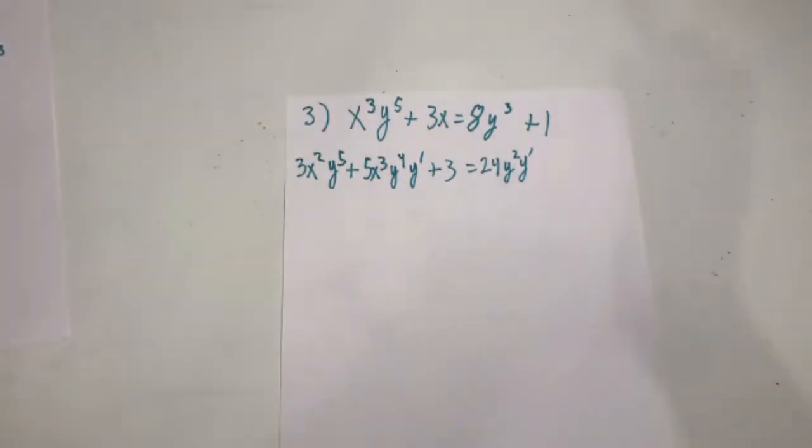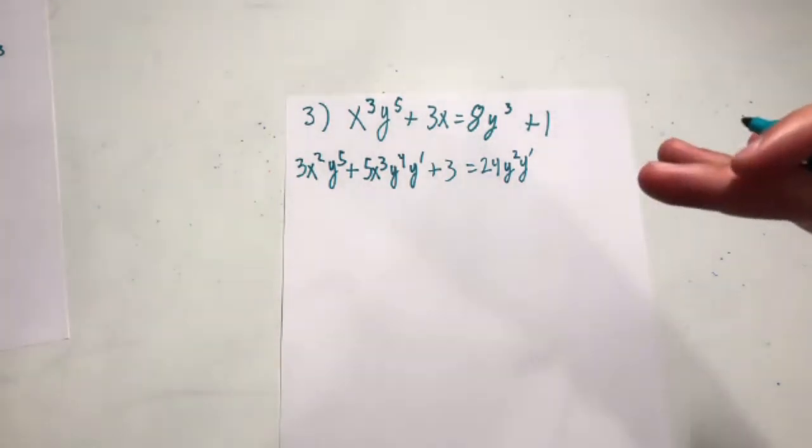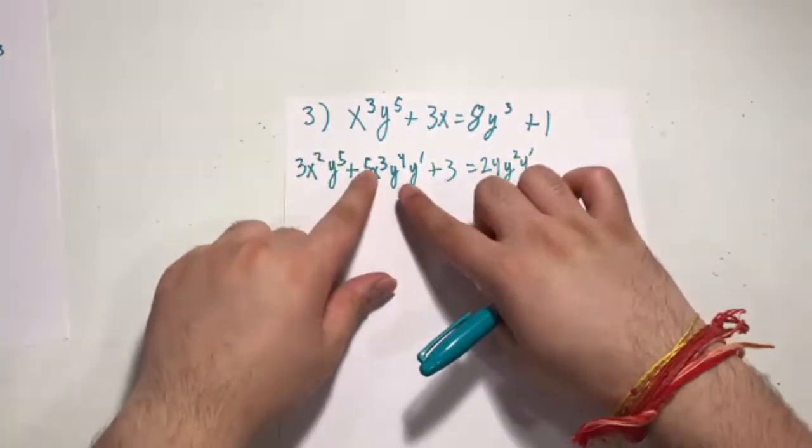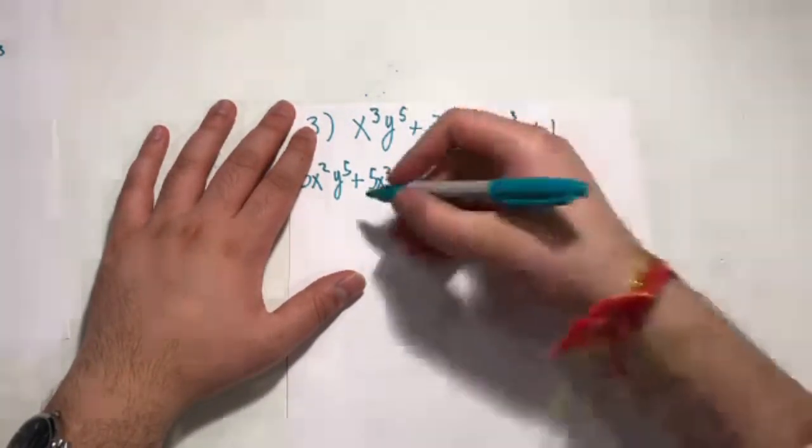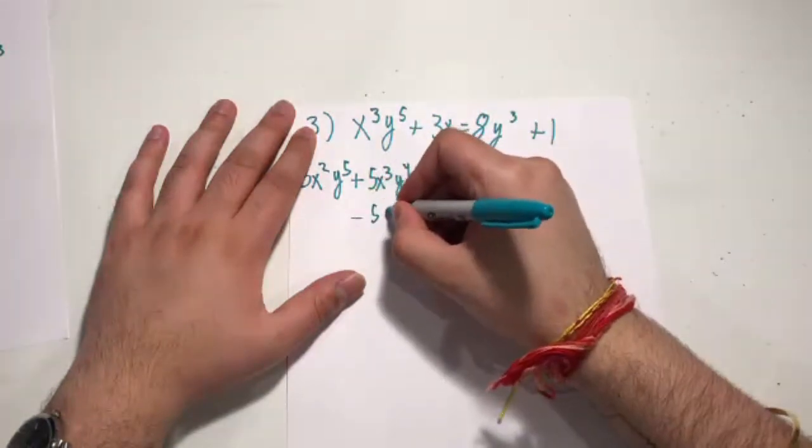Now let's get our y prime terms to the same side, everything else to the other side. The easiest thing, I think, is just to bring over this positive 5x to the third, y to the fourth, y prime, right? So let's subtract that from both sides.